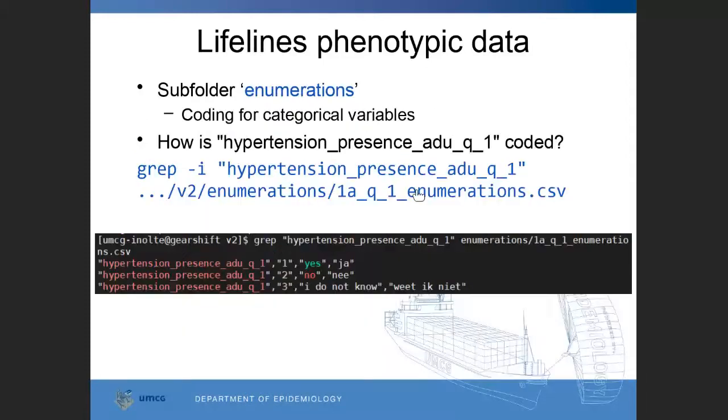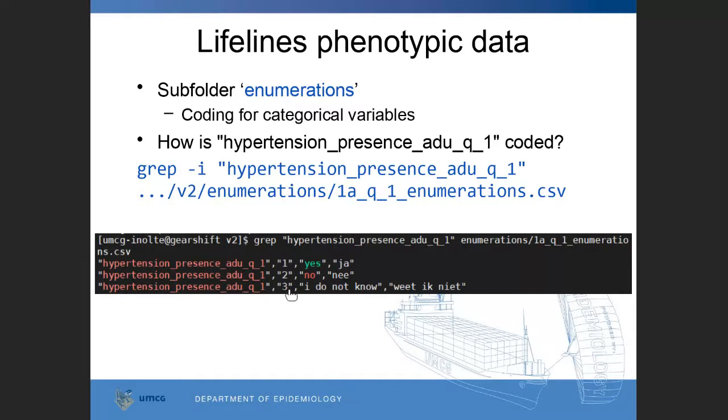I found out that this variable was present in the 1AQ1 variables file. So if I want to look for the enumerations, I'll search for it in the 1AQ_Q_1_ enumerations file in the subfolder enumerations, and do it in the same way with these grep commands.